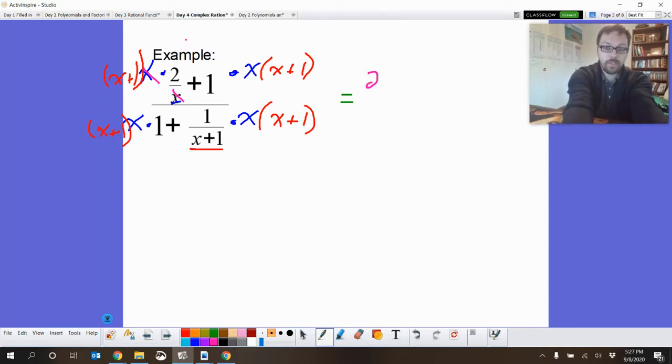So we end up with a 2 and the x plus 1. Plus, next we've got, I'm going to use light blue, this stuff. So that's 1 times all of that stuff. Well, 1 times all of that stuff doesn't change anything. So it's still just an x and an x plus 1.